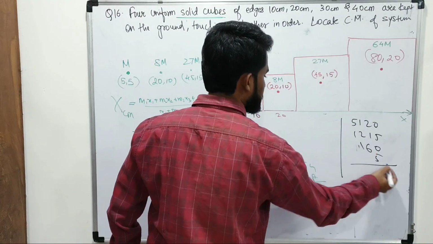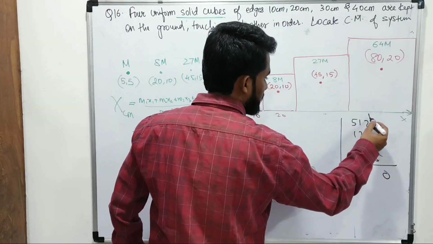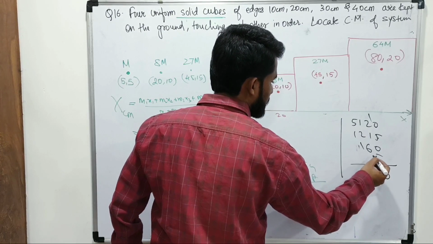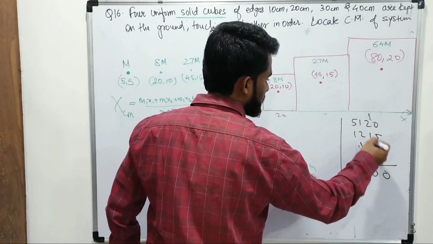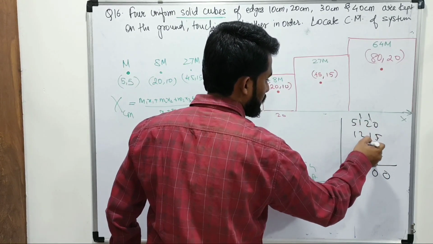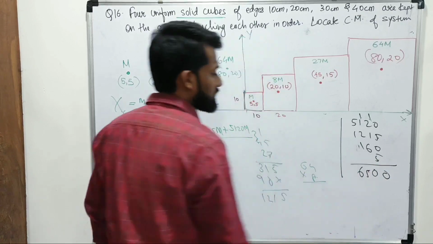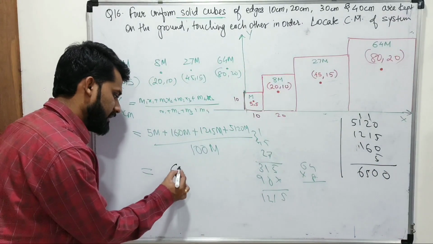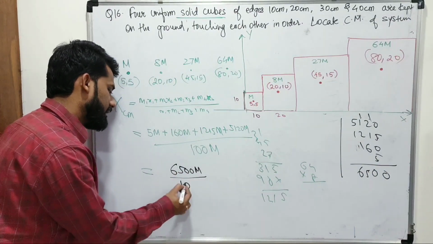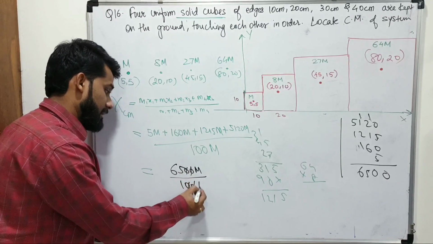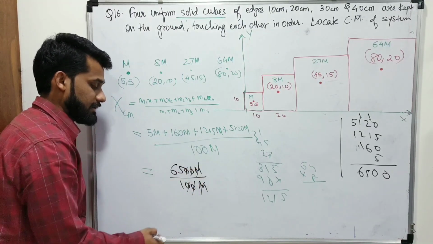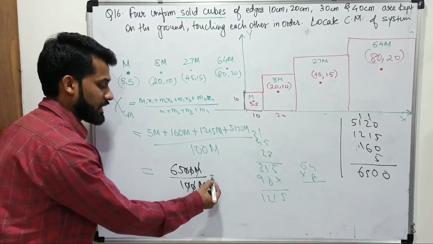Addition of all these numbers gives 6500m. 6500m upon 100m, m will cancel, so the answer is 65.